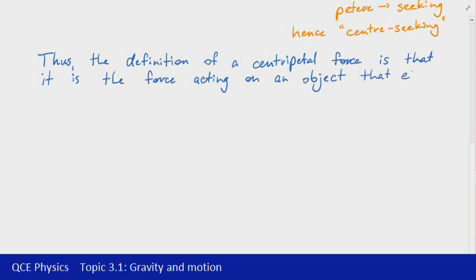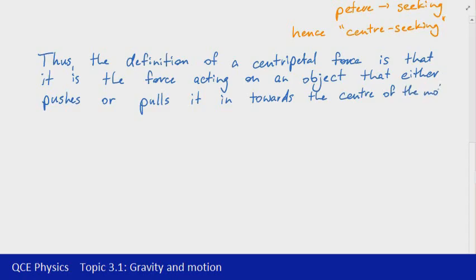So it doesn't have to always be a pull. If you think about whirling something on a string, that would be an example of pulling. It could be pushing as well. If you imagine, say, the walls of a ride that moves you around in a circle, those walls would be pushing you back into the middle. So it's a force that pushes or pulls the object in towards the center of the motion. So there's the definition that you need to be able to state for centripetal force.